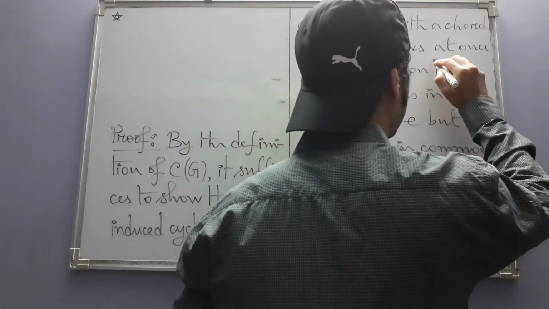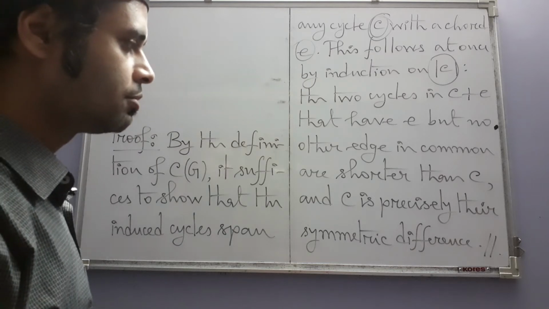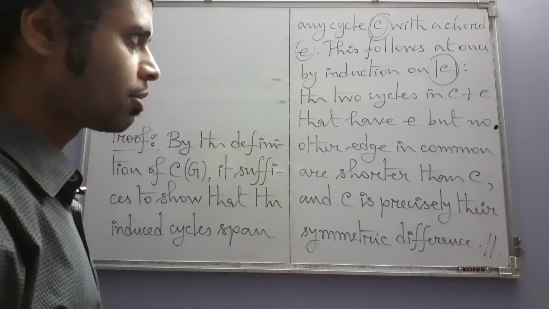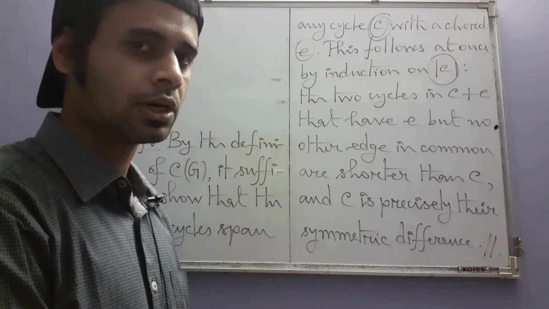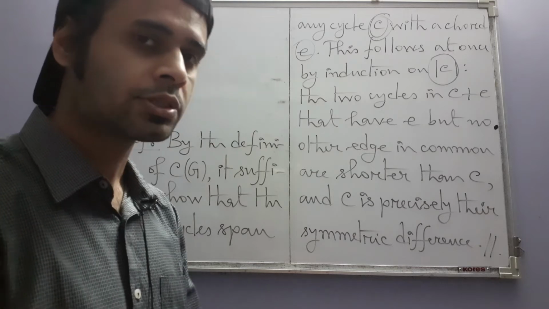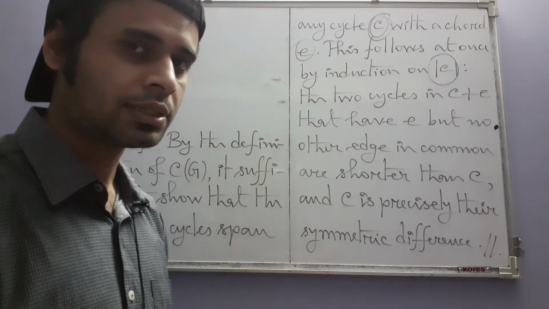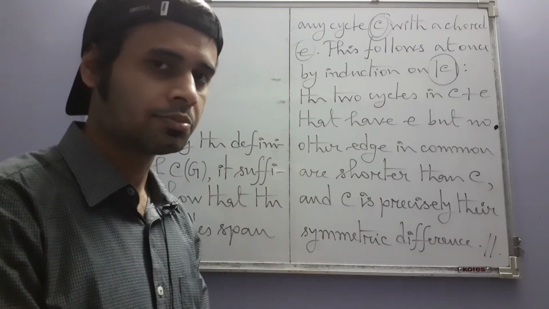Because we are going to apply induction on the size of C, we have to choose a shortest or a smallest cycle that we have in our graph. What happens if there is no cycle in the graph? If the graph is a tree, then what happens to the cycle space?